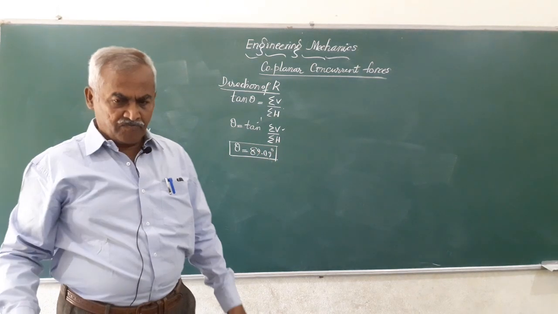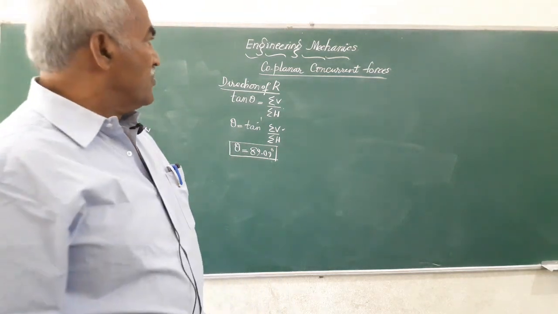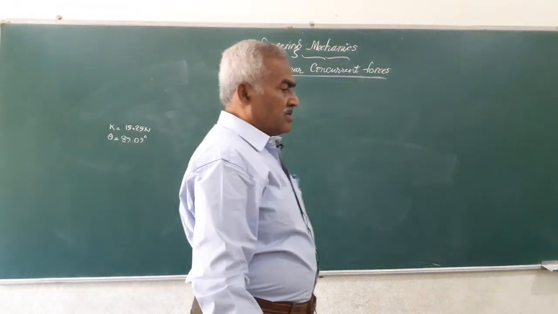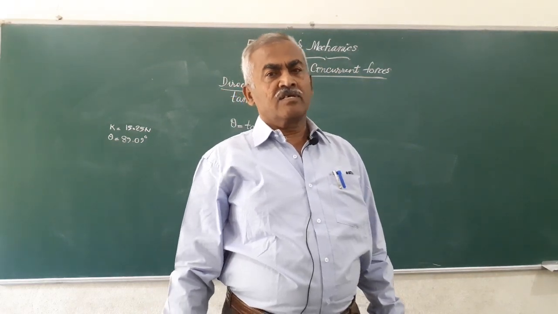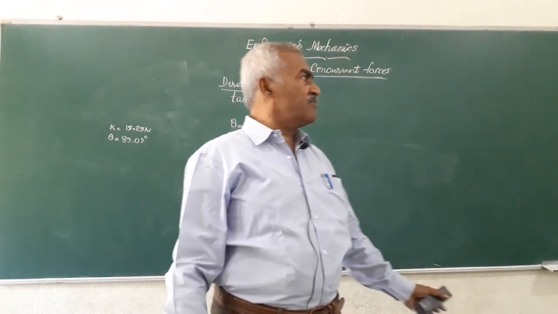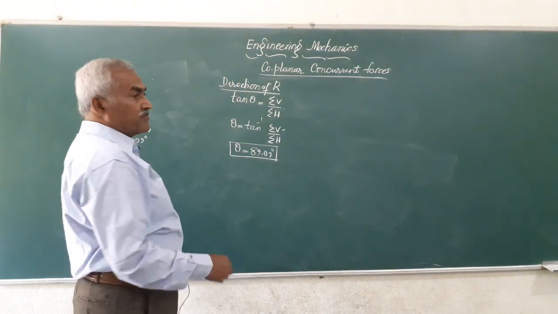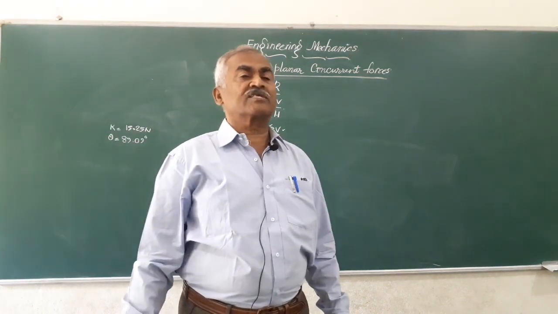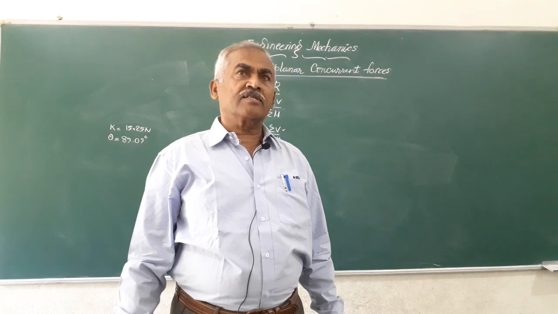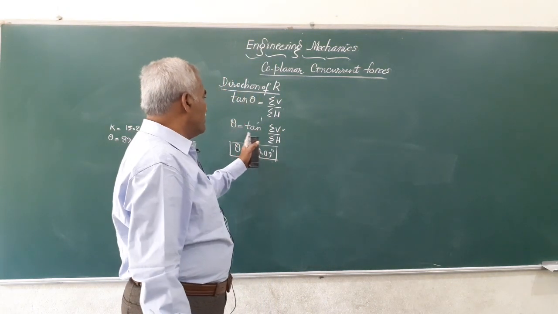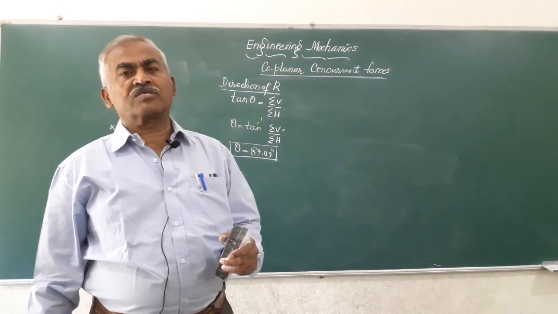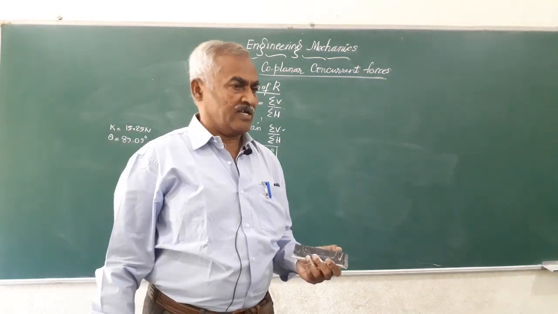So, friends, in this problem, we were able to resolve all these forces in the vertical and horizontal direction, find out the resultant given by the formula resultant is equal to root of sigma H whole square plus sigma V whole square, and then we got the direction of the resultant from the formula theta is equal to tan inverse of sigma V by sigma H.